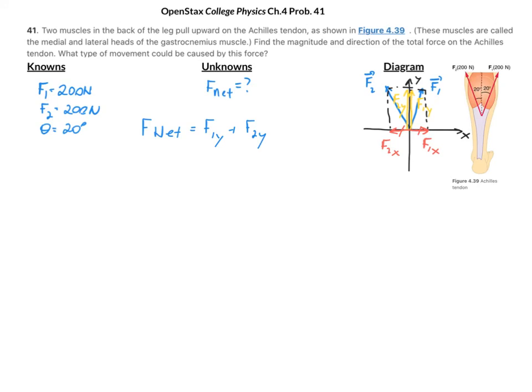And since this is angle theta and F1y and F2y are adjacent to angle theta, then adjacent goes with cosine. So we'll have F1 cosine 20 plus F2 cosine 20. And F1 and F2 are both 200 newtons, so we get 2 times 200 newtons times cosine 20.